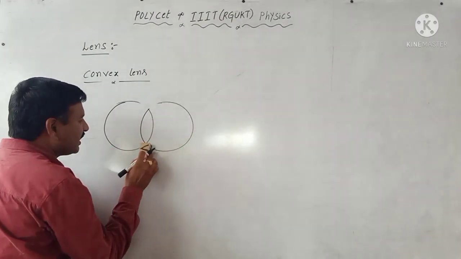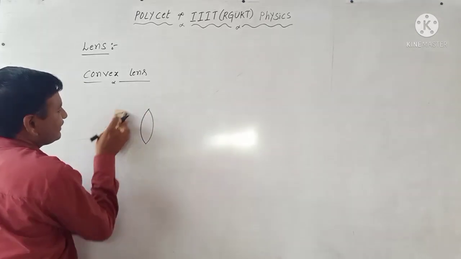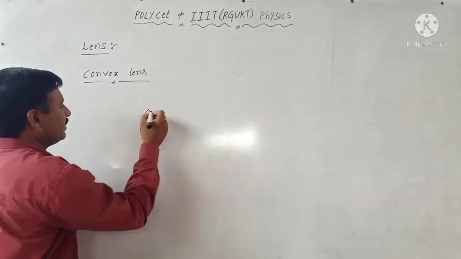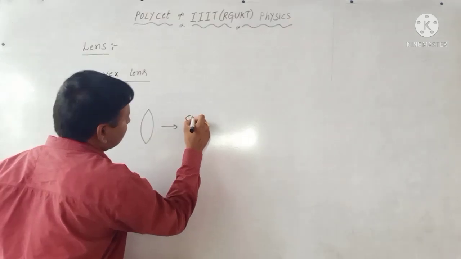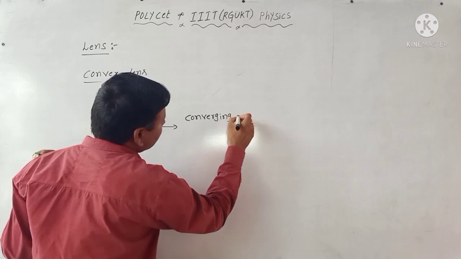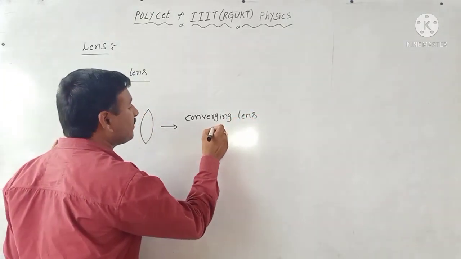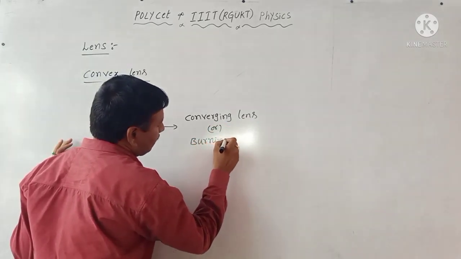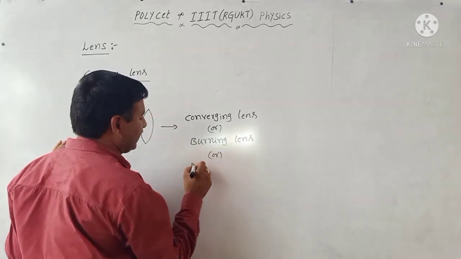Here the convex lens is formed. It is the convex lens, or converging lens, or burning lens, or magnifying lens.